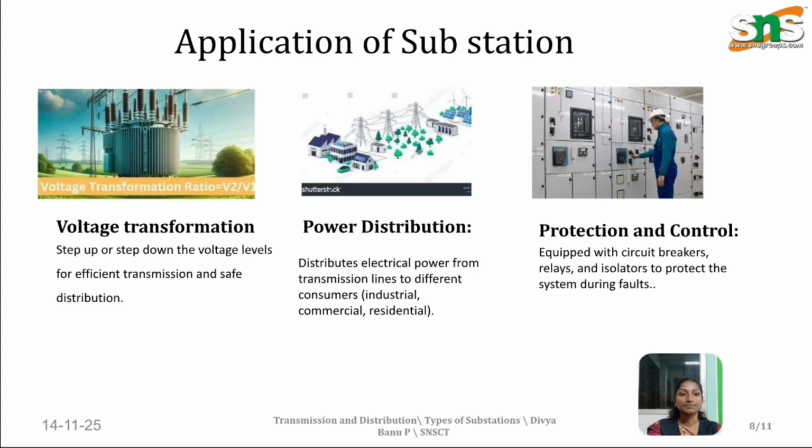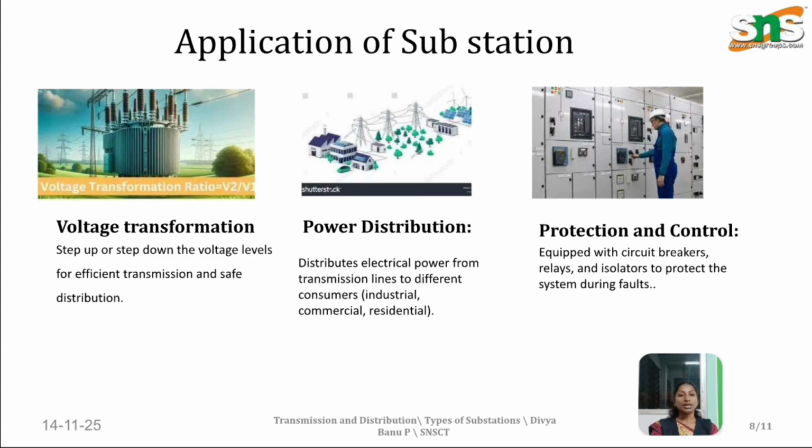So coming to the applications of substations, mainly the substation is used for voltage transformation, power distribution, and protection and control. With voltage transformation, we either step up or step down the voltage levels in order to give efficient transmission and safe distribution.